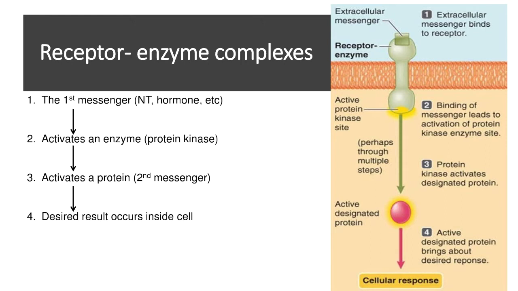So it's doing that by activating enzymes and things. And I just want to point out again, we called the enzyme a protein kinase, ASE. So again, always remember in biology, when you see a word with ASE on the end, it's usually an enzyme.